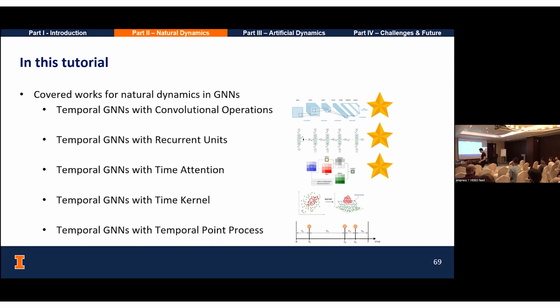Hi, Tong. Thanks for the great presentation. I have a small question about the attention mechanism in modeling time series data. You have presented a lot of wonderful work using the attention mechanism for modeling temporal graphs, and this kind of mechanism can also be used for spatial temporal traffic forecasting.